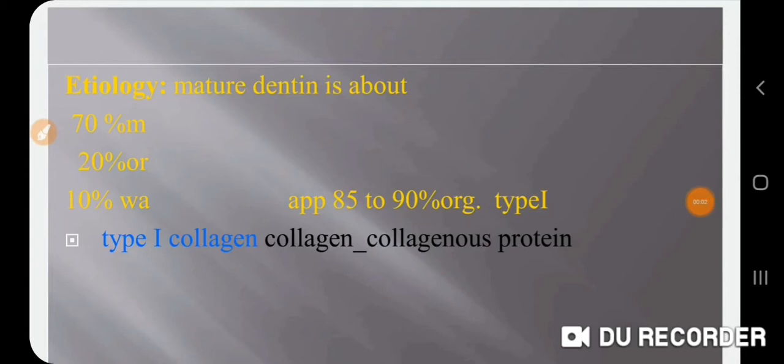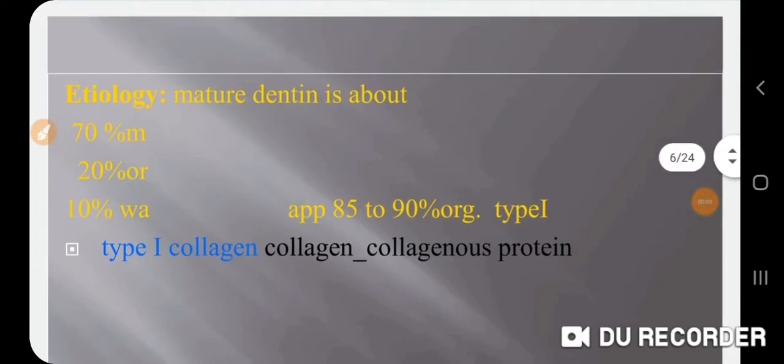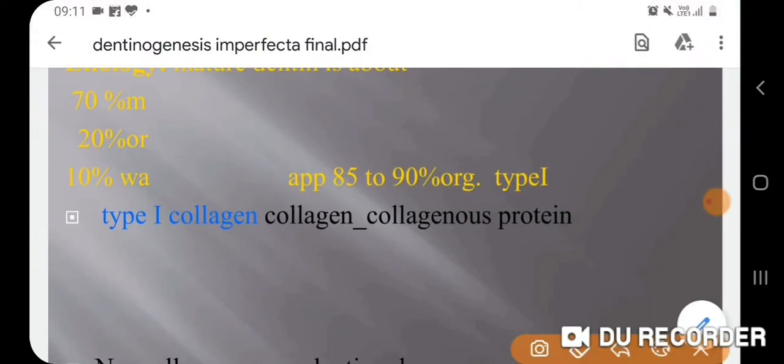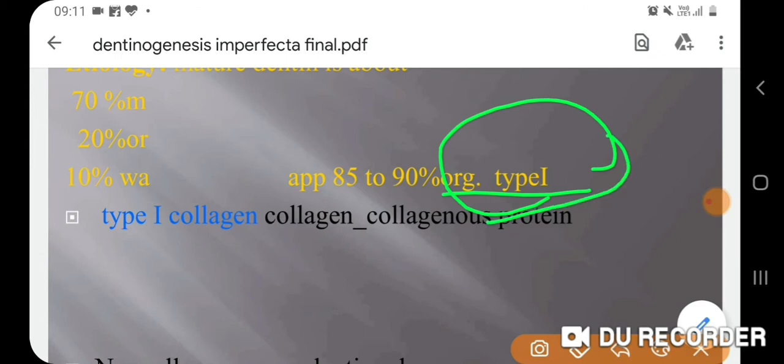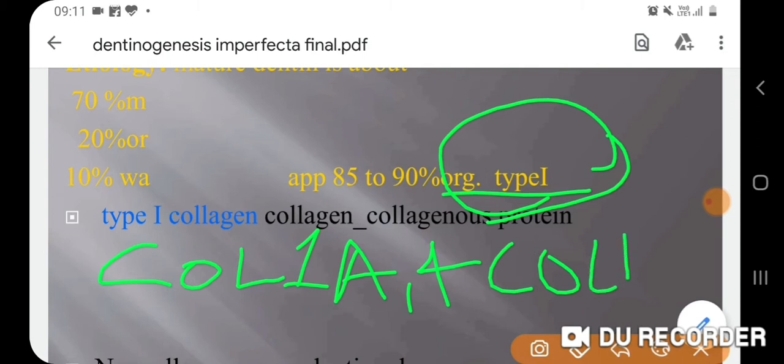In mature dentine, this composition is present, and about 85 to 90% of the organic matrix is type 1 collagen. The production of this type 1 collagen involves two genes, COL1A1 and COL1A2.